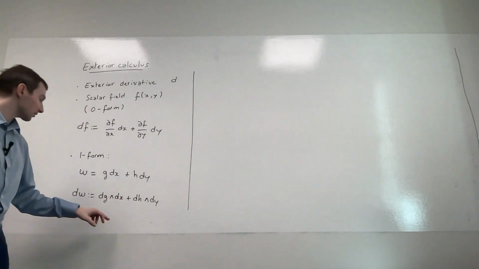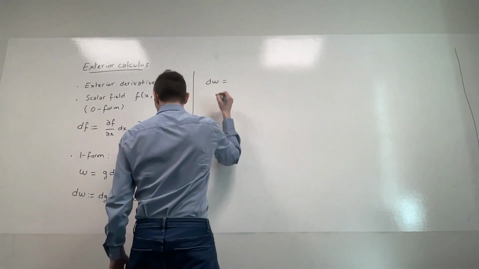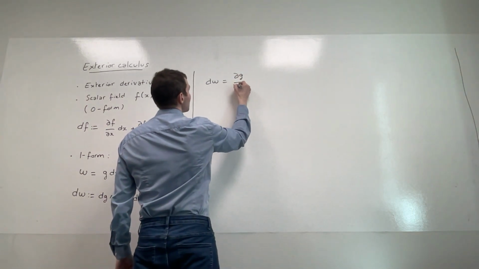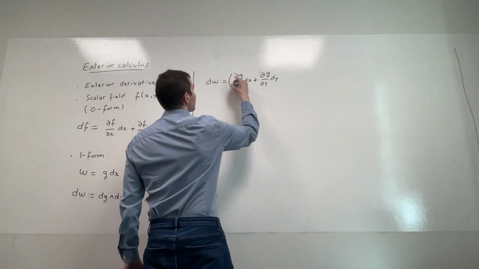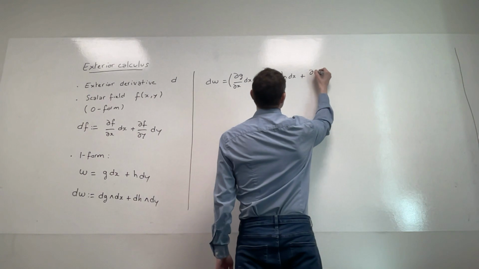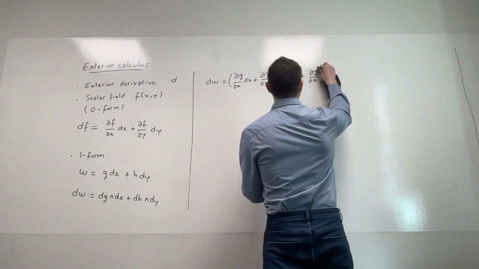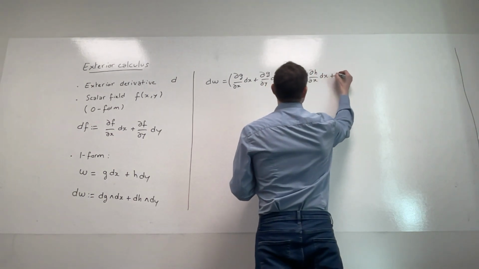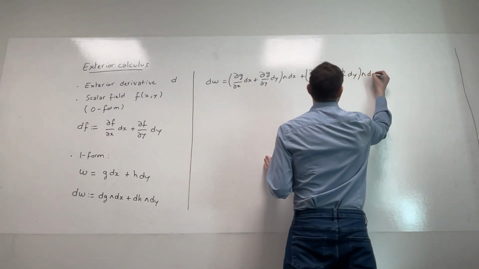So let's see what that gives. d omega is dg wedge dx, so dg is dg dx dx plus dg dy dy, wedge dx, plus dh dx dx plus dh dy dy, wedge dy.